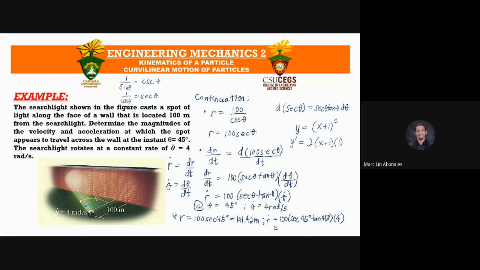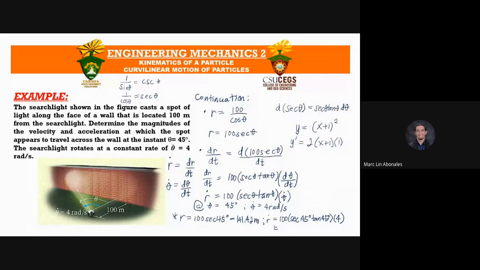And for the R dot, pila man to ang R dot. So 100, 1 over cosine 45 degrees, kay wala may second sa calculator, times tangent 45 degrees times 4.